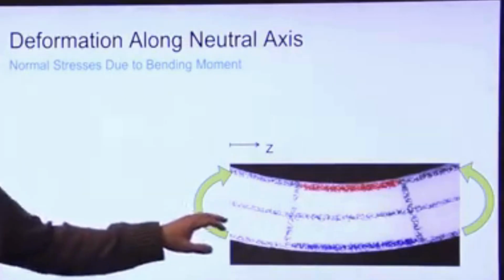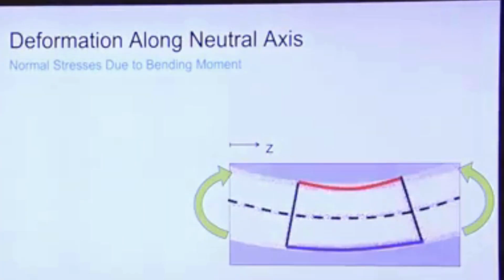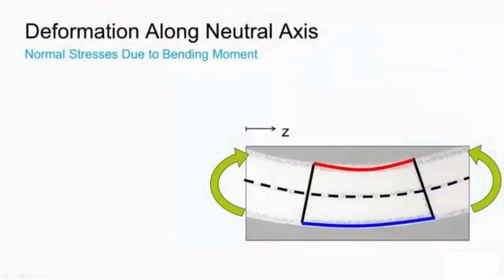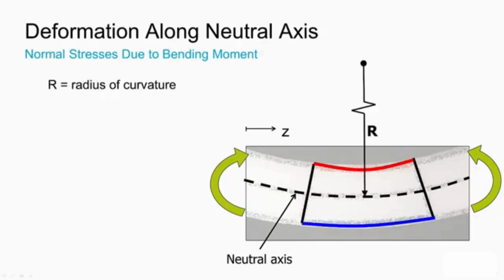So if we take our simple beam and we replace it with a schematic of our blue fiber, our red fiber, and a dashed line for this fiber we will call the neutral axis where no deformation occurs. And we're going to start labeling a few things on this. First of all, we'll take the neutral axis and we'll measure our radius of curvature relative to that position.